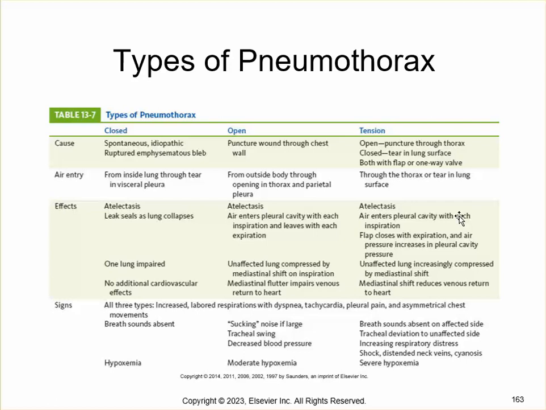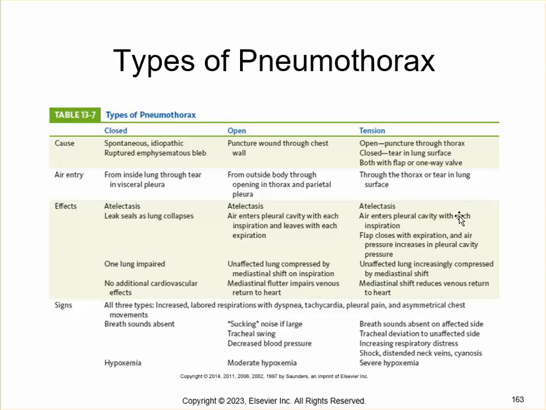And what this does is it pushes the mediastinum over, and the unaffected lung gets increasingly compromised by this shift. This shift can also reduce the venous return to the heart, but that's a whole other thing.